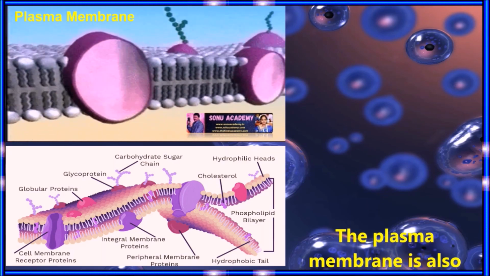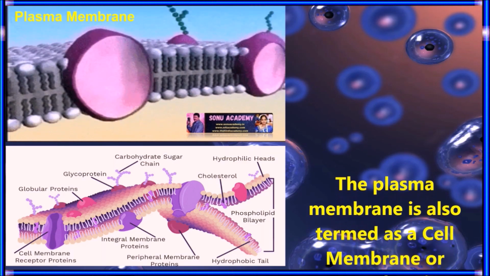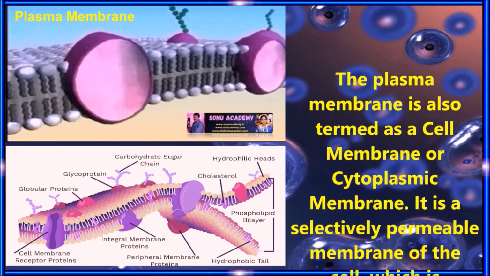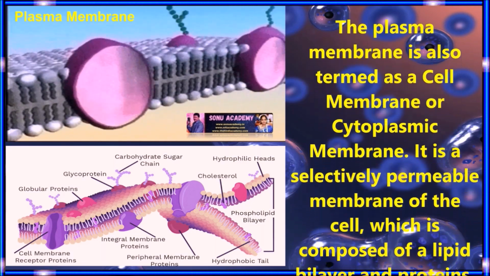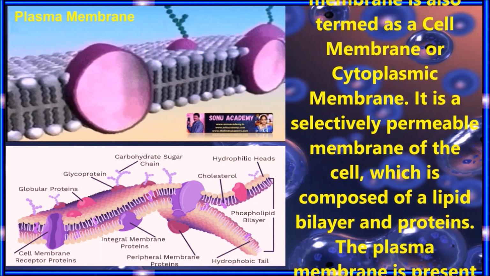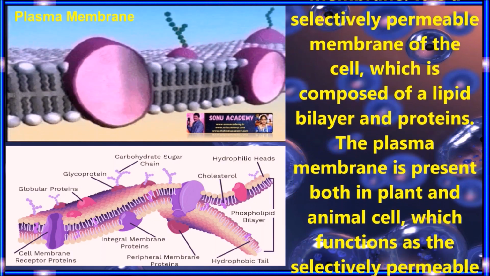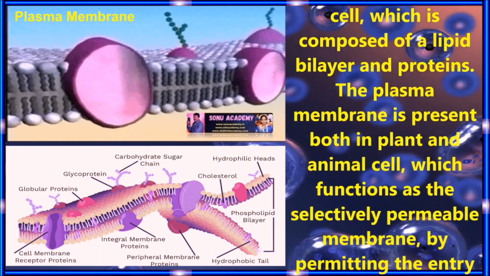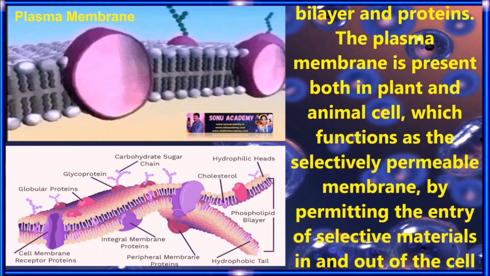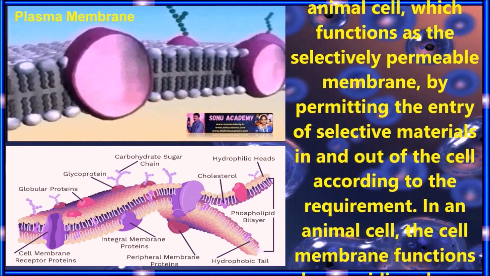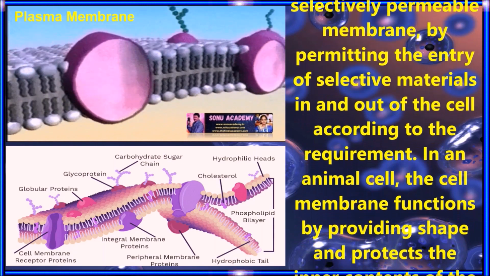The plasma membrane is also termed as cell membrane or cytoplasmic membrane. It is the selectively permeable membrane of the cell, which is composed of a lipid bilayer and proteins. The plasma membrane is present both in plant and animal cells, which functions as the selectively permeable membrane by permitting the entry of selective material in and out of the cell according to the requirement.